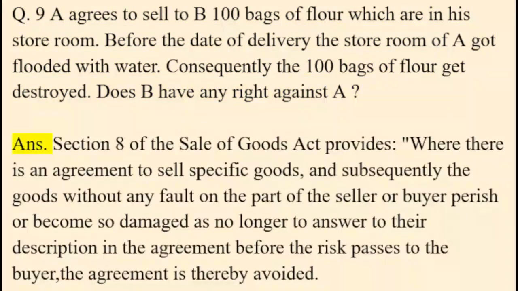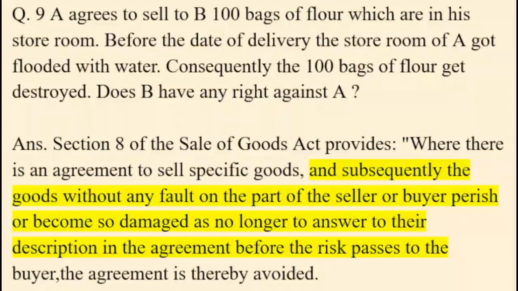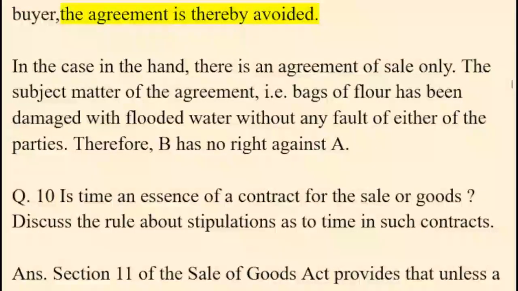Ans. Section 8 of the Sale of Goods Act provides, where there is an agreement to sell specific goods, and subsequently the goods without any fault on the part of the seller or buyer perish or become so damaged as no longer to answer to their description in the agreement before the risk passes to the buyer, the agreement is thereby avoided.